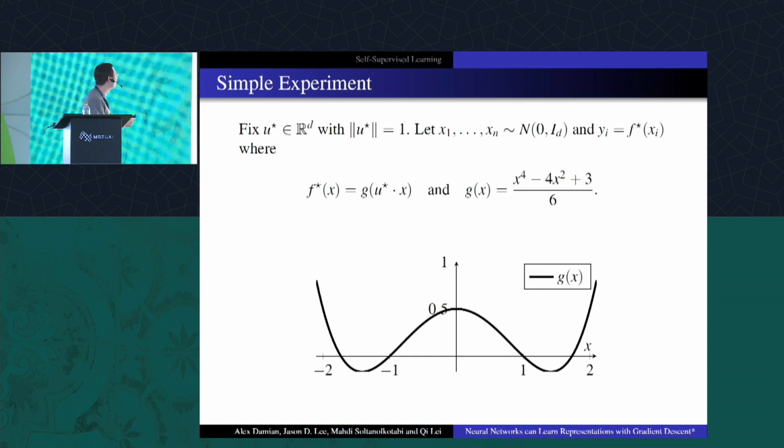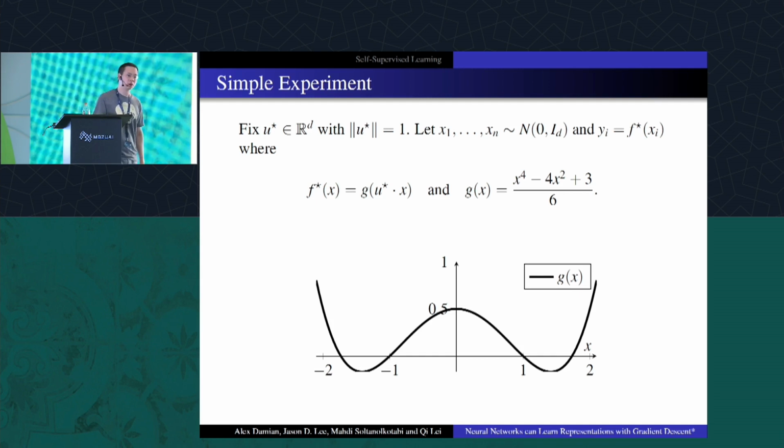In this toy example, it'll depend on a fourth order polynomial and only on a single direction. So although the ambient dimension can be very high, it only depends on a single relevant direction, and it's a degree 4 polynomial in that direction. Okay. So this function you can think is pretty simple.